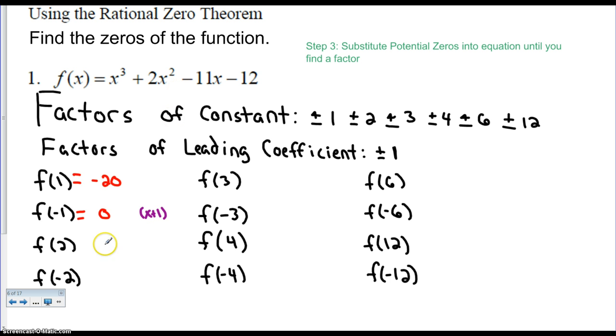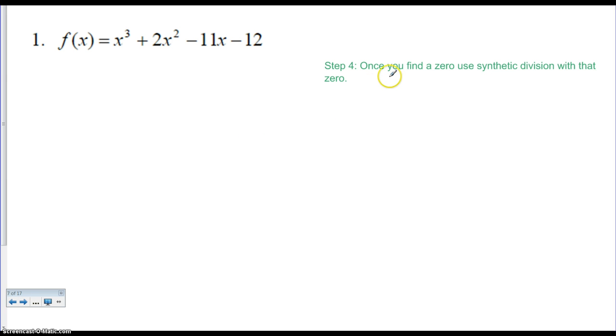I'm not going to go on because I have already identified a zero. Once I found that zero, I want to use synthetic division with it. Because x plus 1 is a factor, I'm going to plug negative 1 into this quantity.